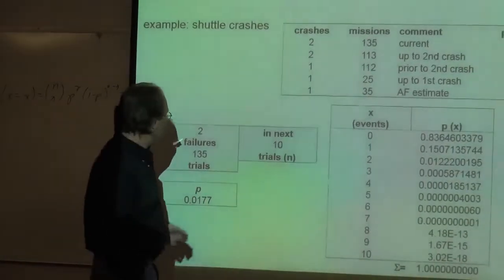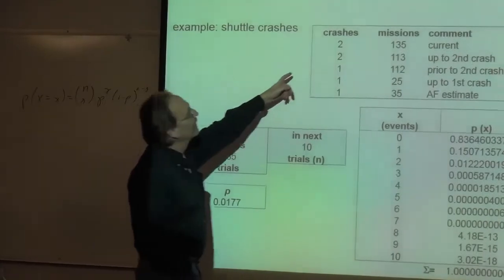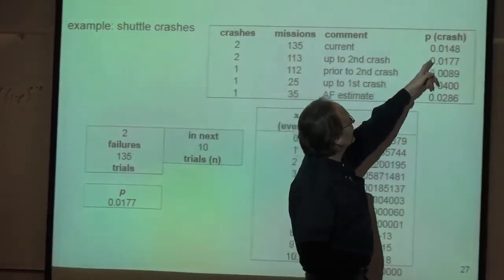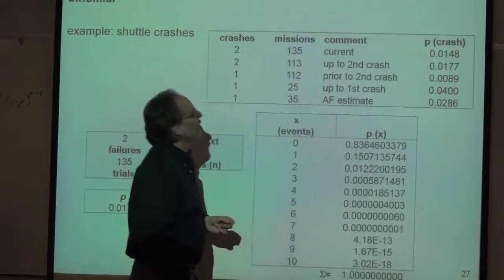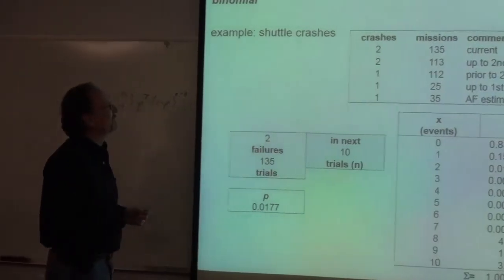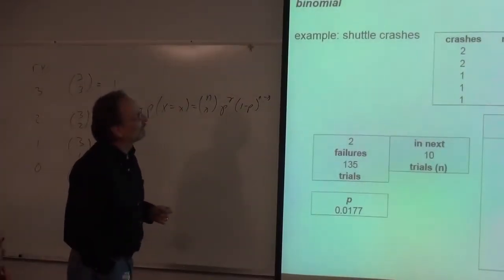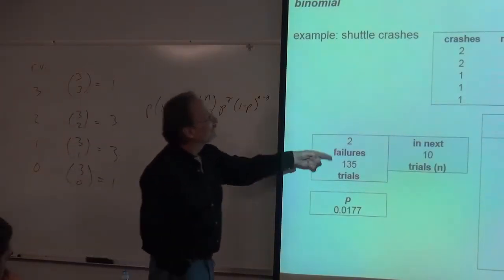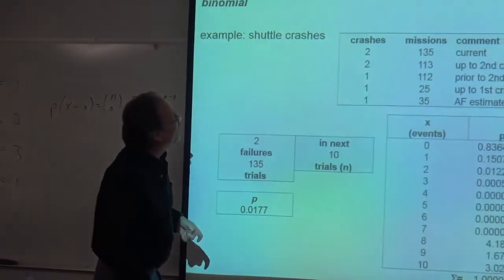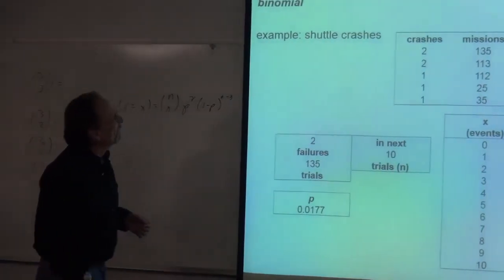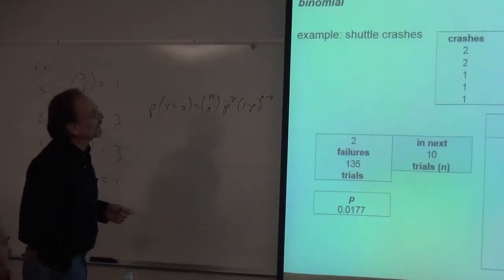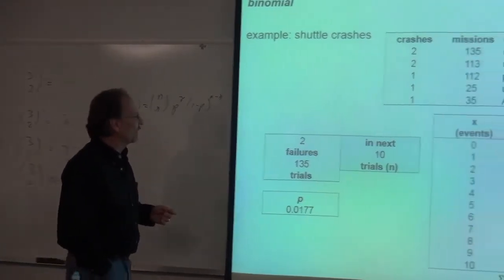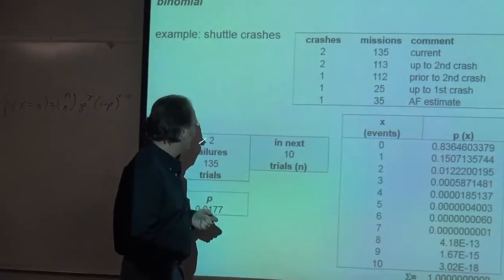Applying the binomial distribution using 2 in 135, this one up here, which is the final outcome until they discontinue the program of, oh no, I used, this doesn't agree. I don't know why I did that. Well, let's do up to the second crash on the 113th mission. I don't know why I did that.